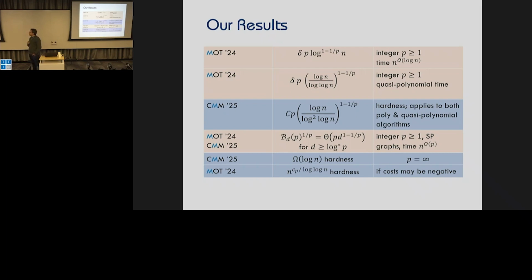And this constant delta can be made arbitrarily small by increasing the running time. Also, we can actually save this log n factor by further increasing the running time to something like n to the power of log n to the power of c. This is still quasi-polynomial time, but it's even worse.